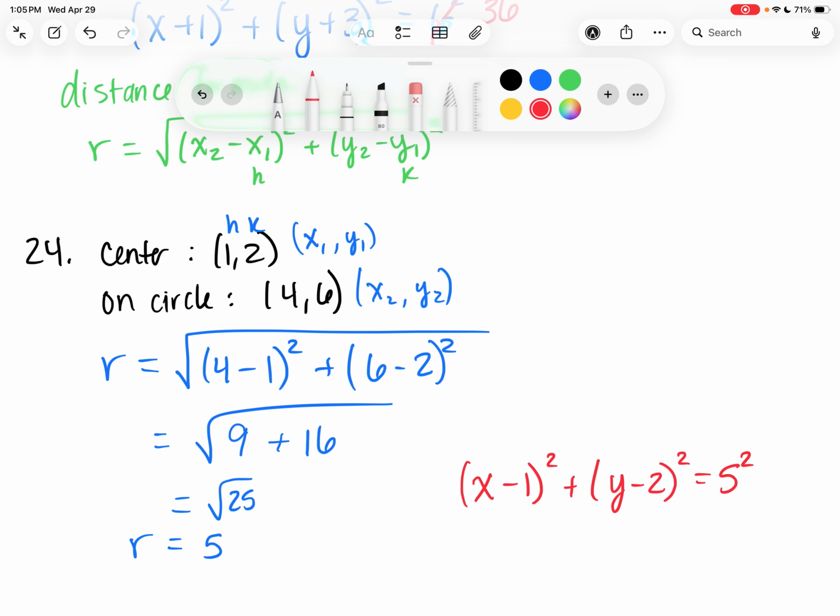So I have x, we do the opposite sign for this stuff here, so minus 1, and then for the y, it's minus 2, and then we take our r and we square it, and again, you can either write it as 5 squared initially, or you can go straight to writing it as 25, like that. So this is officially the answer that they're looking for, okay?